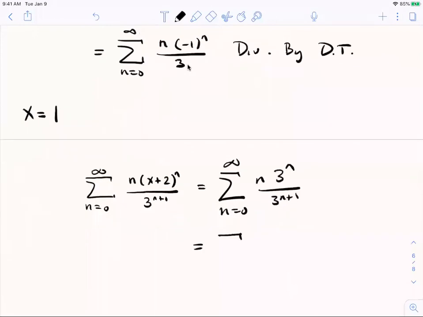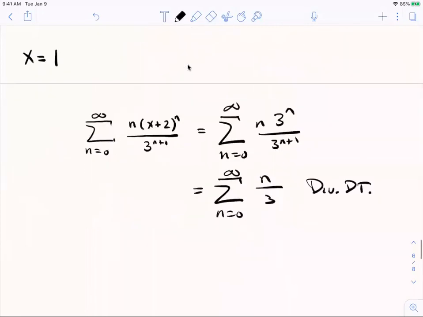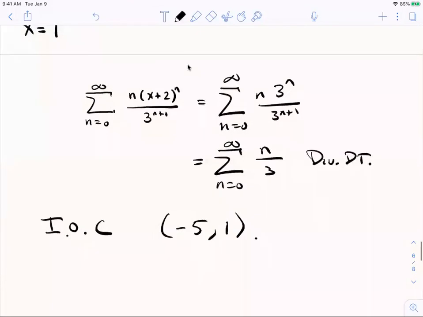Again, by the rules of exponents, a lot of those 3's cancel. So we end up just getting n over 3. This series diverges by the divergence test. So in this example, our interval of convergence, neither endpoint made it in. So the domain of this power function is just the interval from minus 5 to 1.